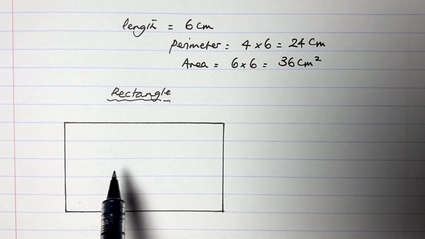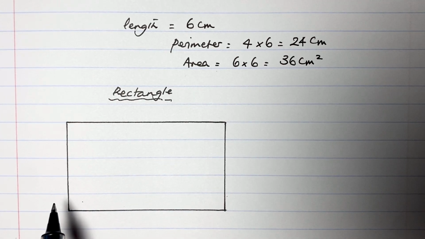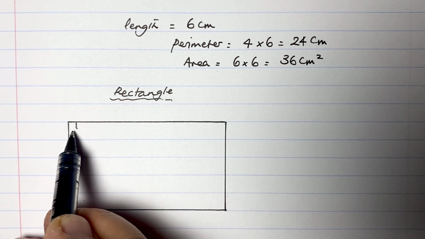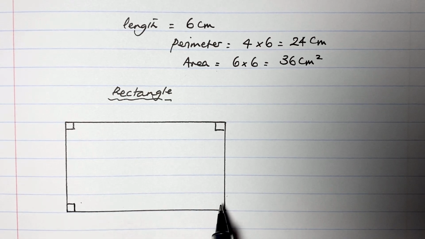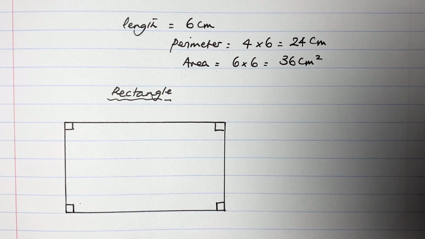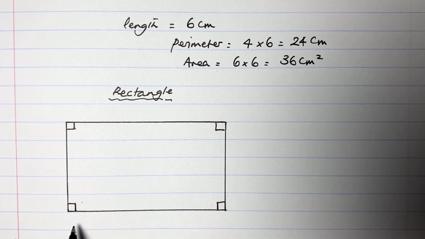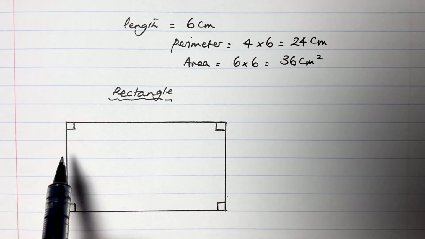As you can see, we again have 4 straight lines and 4 right angle corners. The square had all 4 sides the same.